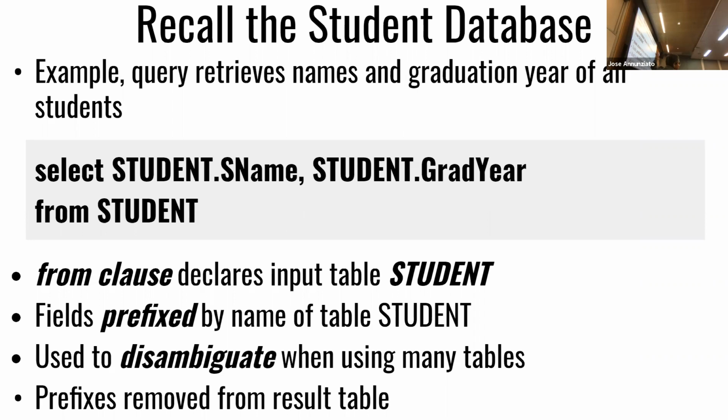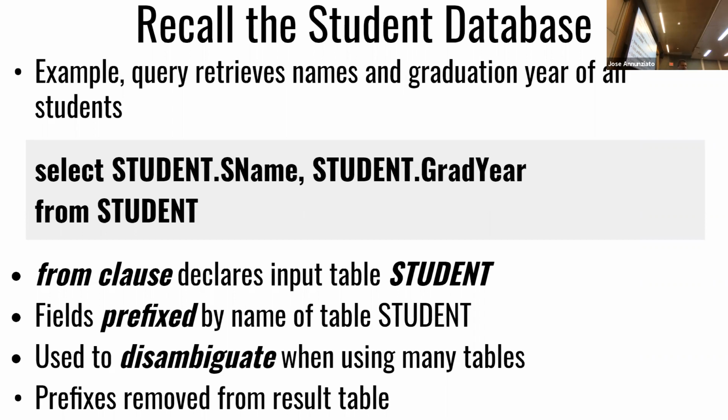We call that the prefix. That's optional. If there's no ambiguity on which table you're talking about, then the prefix is optional. If the only table you're talking about is student, you can leave it out. Only when it's ambiguous do you need to put the name of the table in front of it.